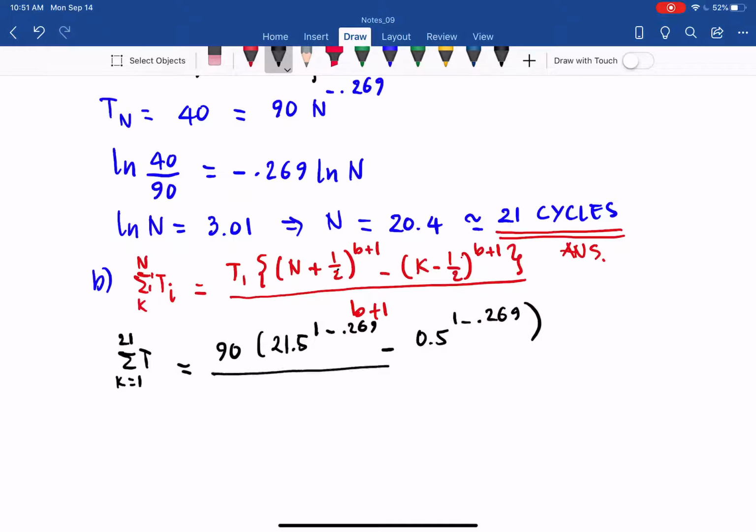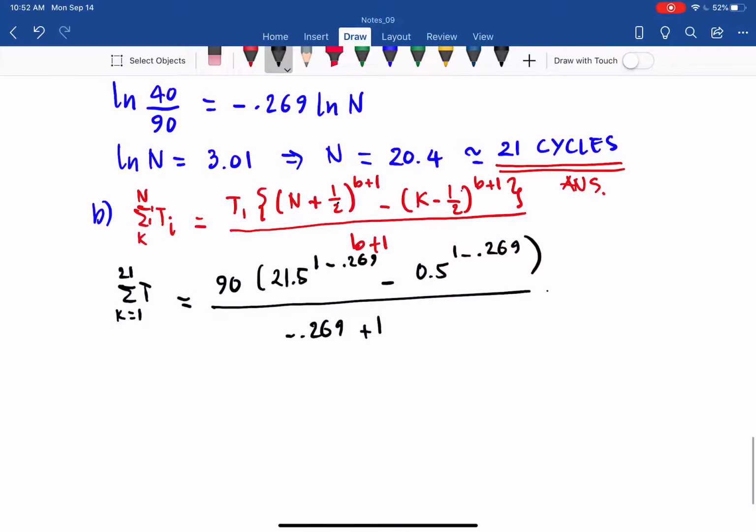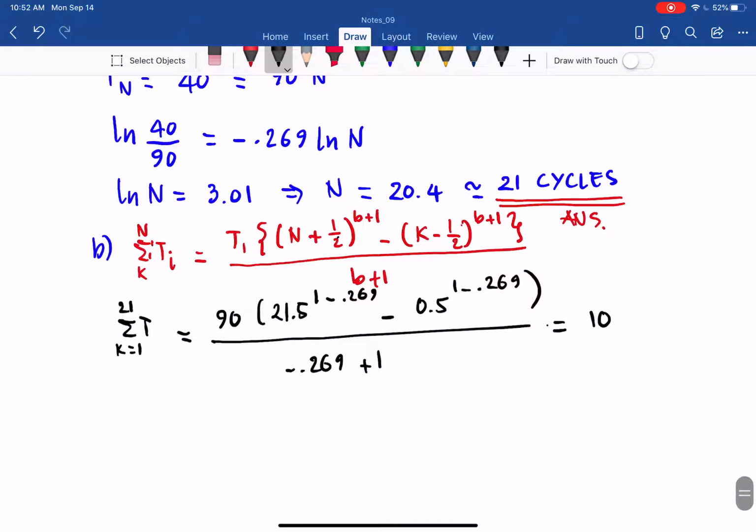And k minus half, in this case 1 minus half, is 0.5, again to the power b plus 1. From that equation the sum of all the time from here to there is equal to 1086 hours.